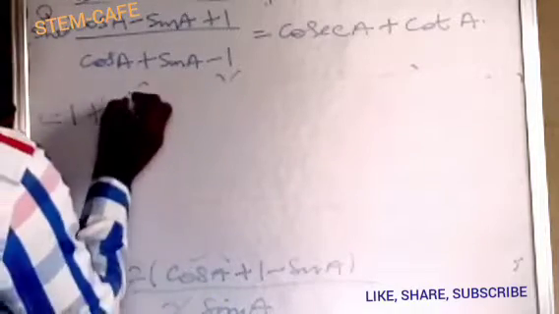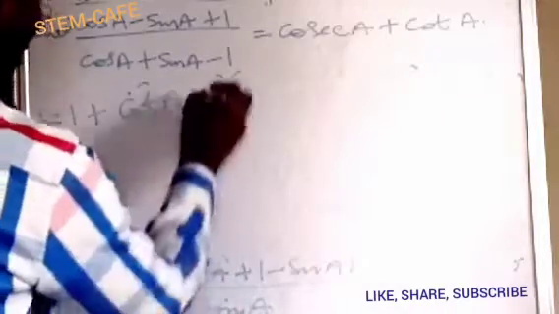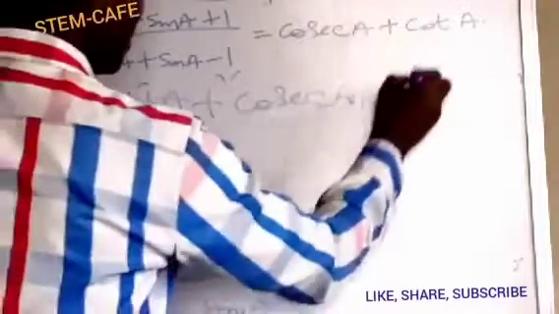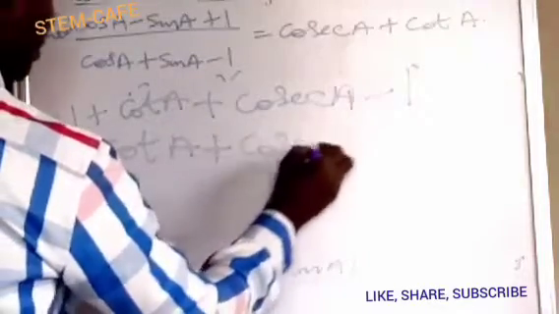This one here is going to give cos A plus cosec A minus 1. So this one will knock this off. So I'm going to have cos A plus cosec A. Final answer.